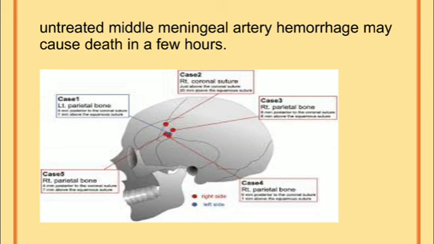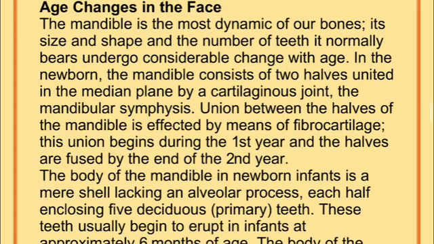Age changes in the face. What are the age changes in the face? The mandible is the most dynamic of the bones that we have, because its size and shape and the number of teeth normally undergo some great changes with age.